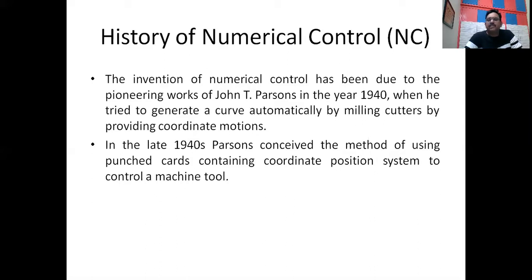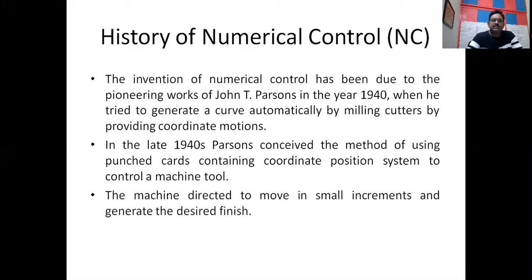Punched cards are cardboard with holes, and based on the holes, the coordinate positioning system can be changed with the help of these punched cards, thereby controlling the machine. This is in the late 1940s. The machine was directed to move in small increments and generate a desired finish.